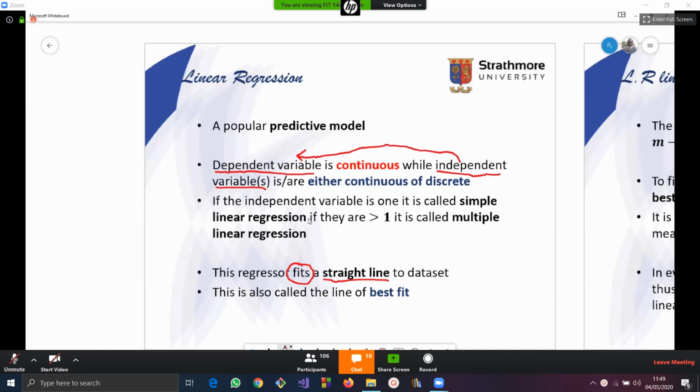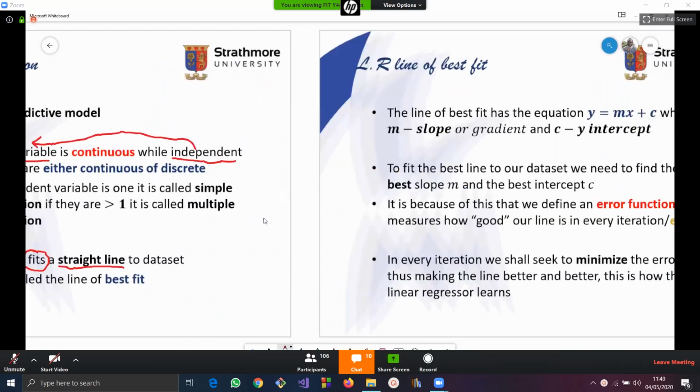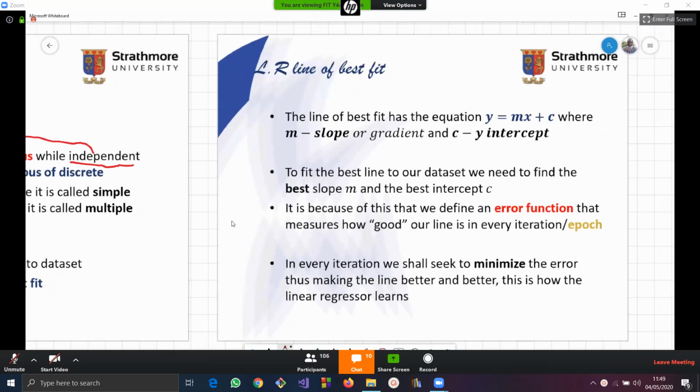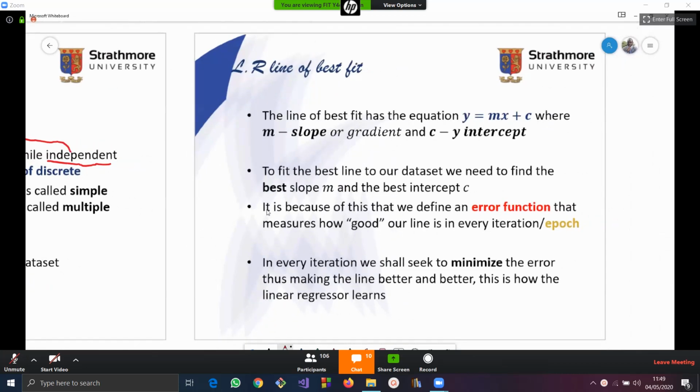So now we all know from our linear algebra and dealing with lines that a line usually can be described mathematically using this equation: y = mx + c. So m is the slope of the line, and c is the y-intercept, the place where it actually cuts the y-axis.